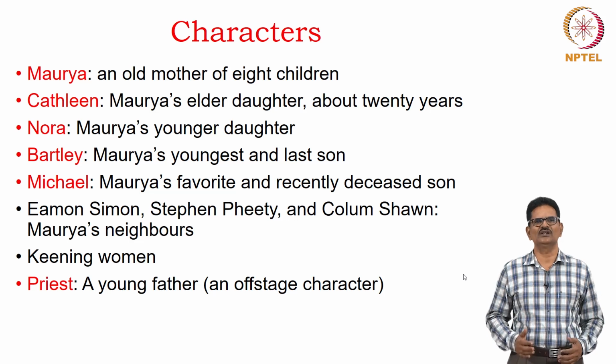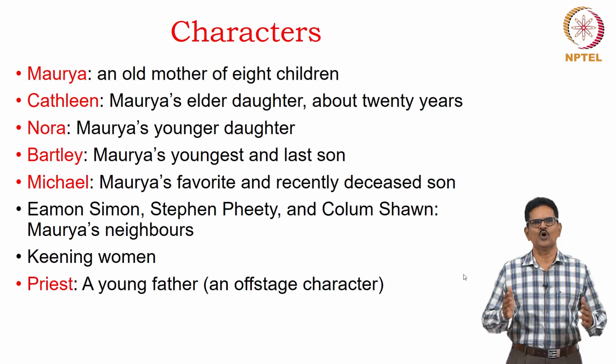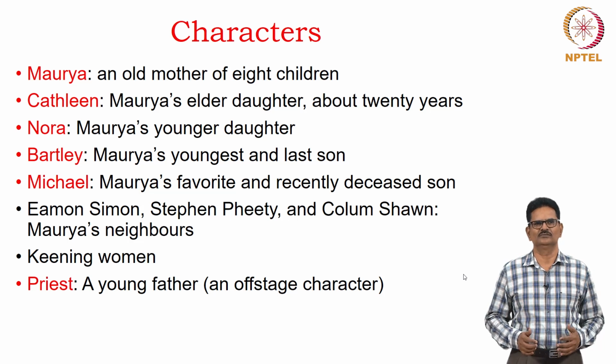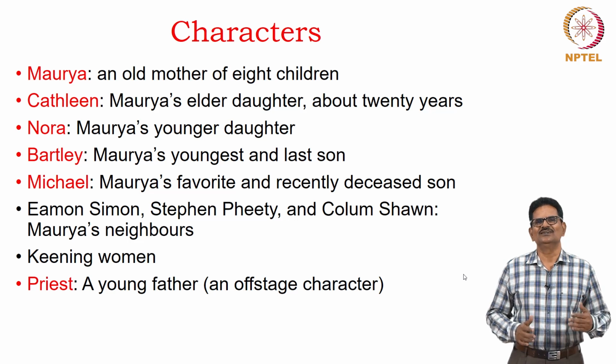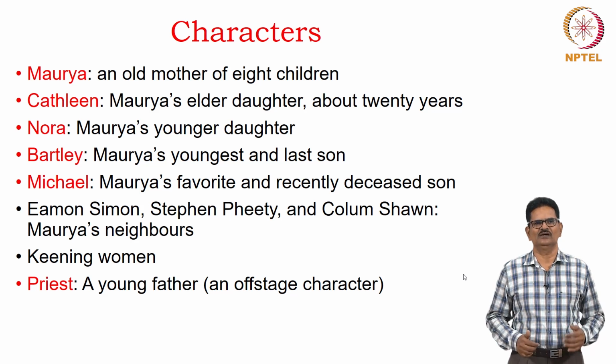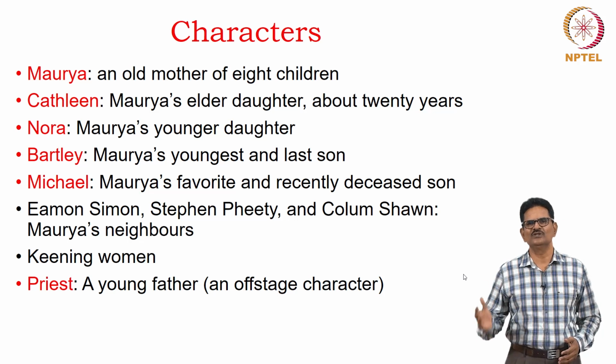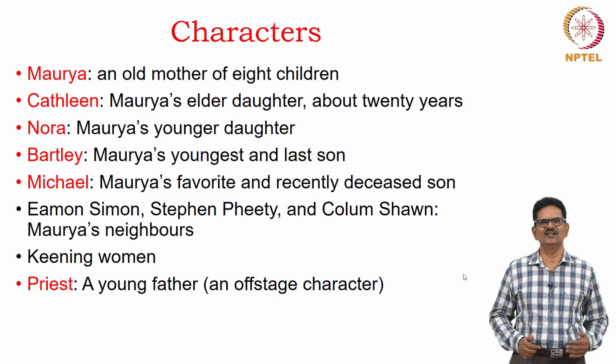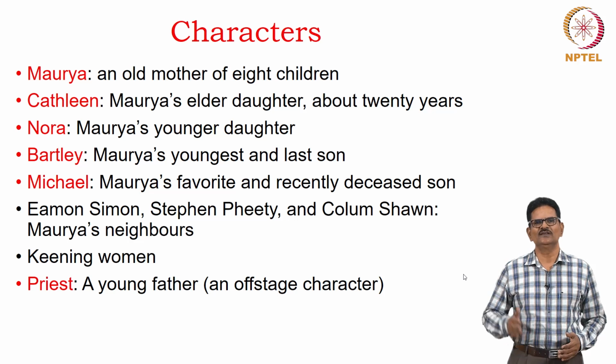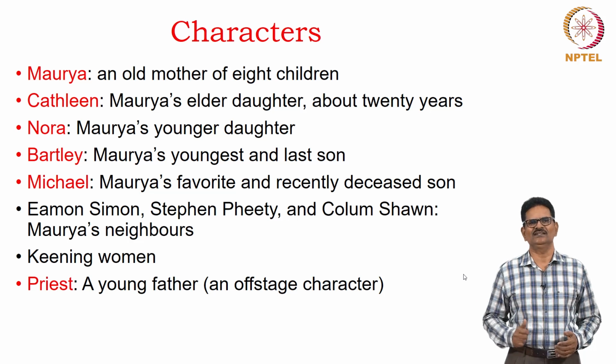We have the protagonist Maurya. She is an old mother of 8 children. We have 2 daughters for Maurya. One is Kathleen. She is the elder daughter, about 20 years old. We have the younger daughter Nora, who is younger to Kathleen.